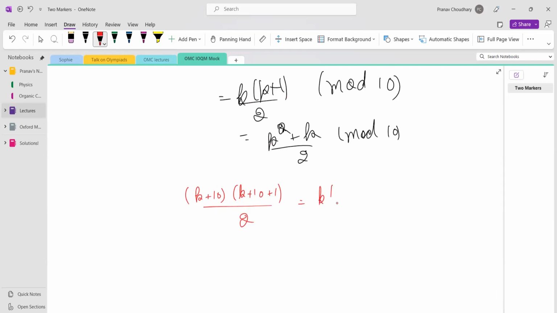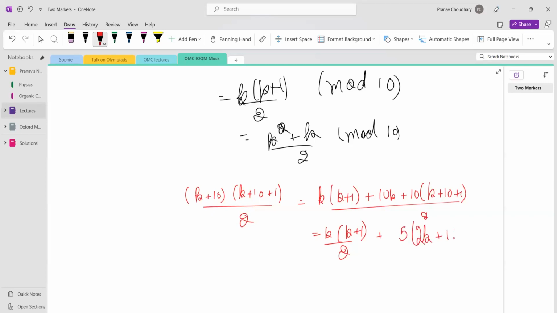Then this thing is k times k plus 1 plus 10k plus 10 times k plus 10 plus 1, all by 2. So this is k times k plus 1 by 2 plus 5 times 2k plus 10 plus 1, which is 11, modulo 10. So this is not very good, right?